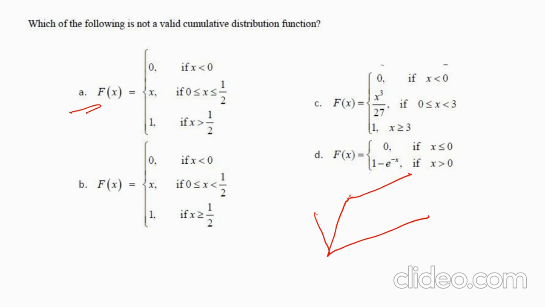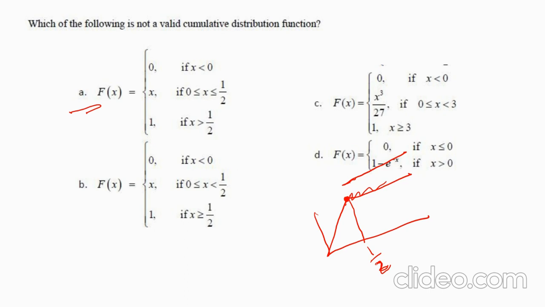At this point, 1 by 2, it is x, that means it is 1 by 2, and at greater than 1 by 2, it is 1. So what we know is that it needs to be right hand continuous, and it is not right hand continuous.